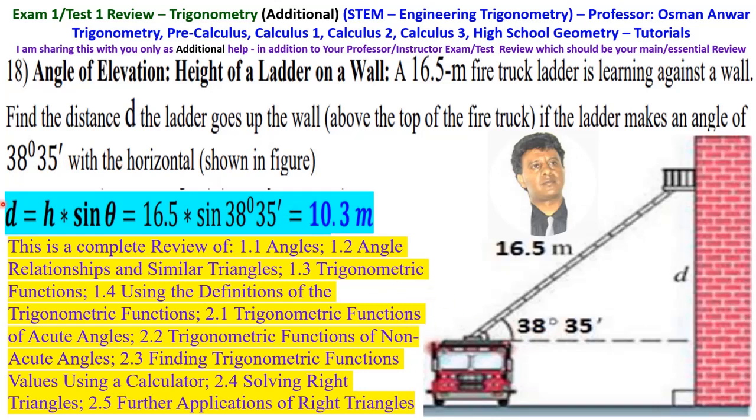So d is h sine theta, and so d over 16.5 is equal to sine of 38 degrees and 35 minutes. That means d is 16.5 times sine 38 degrees and 35 minutes, which is 10.3 meters.